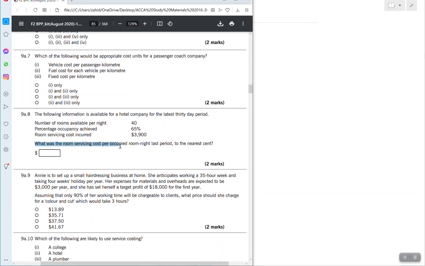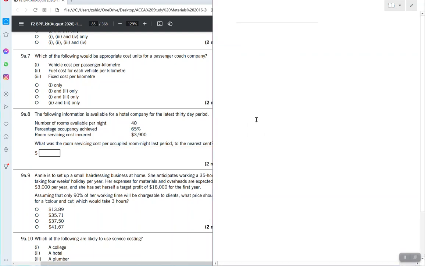What was the room service cost per occupied room per night last period, to the nearest cent? The following information is available for a hotel company for the latest 30-day period: number of rooms per night, occupancy achieved, and room service cost. What is the cost per occupied room?